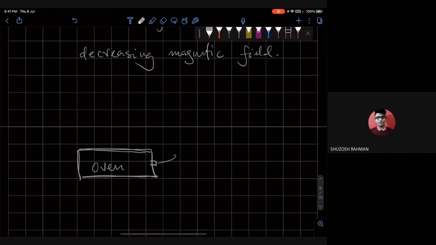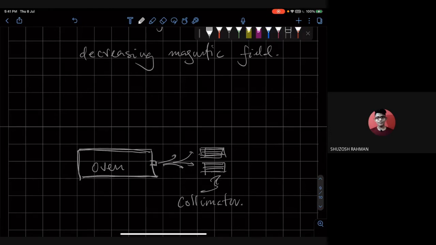The silver atoms are being spewed out, and here we have some sort of collimator, which collimates the beam so that the beam going out has a very nice direction.